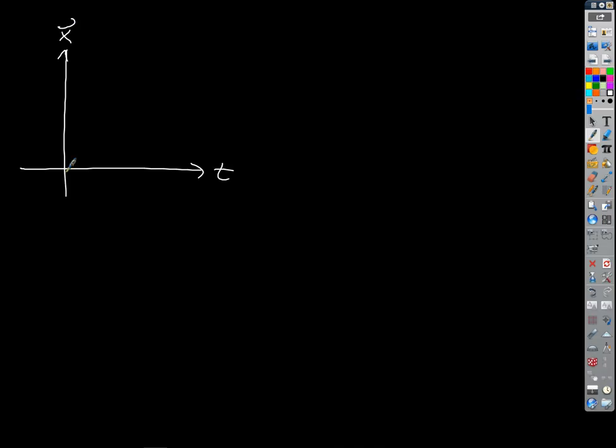Okay, so it looks something like that, wouldn't it? If that's 2 seconds, and let's say that that's 2 meters. Does that make sense? My position is changing regularly with time, right? Okay, makes sense? Any questions on that? Everybody see that?